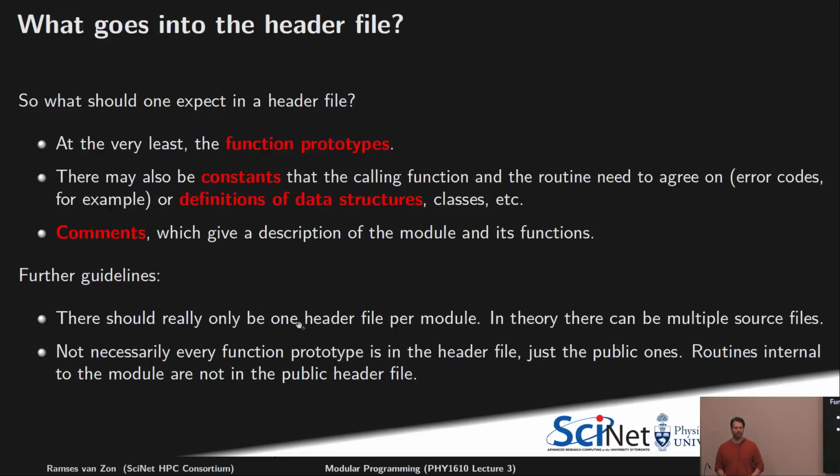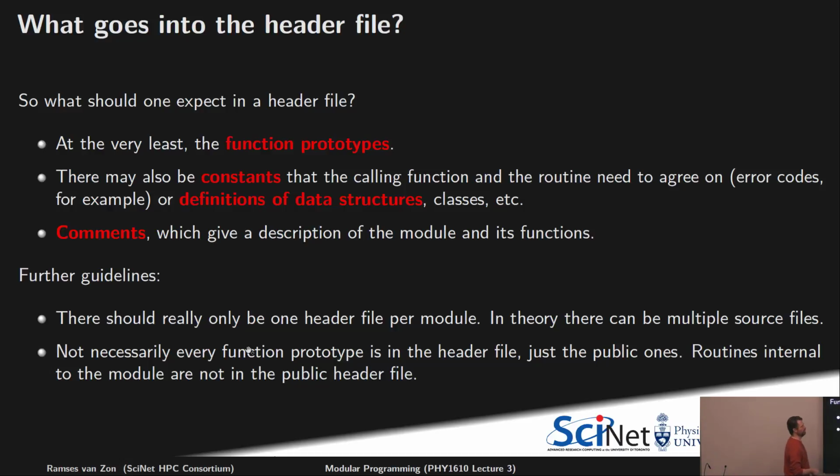However, don't spread out your header files over different modules, or in a module over different header files. You also don't have to have every function prototype in a header file, only the ones that you expect to be used when your module is used. So is there some internal function in the module that's called by your functions? Yes, it will be in the source file. It doesn't have to be in the header file.